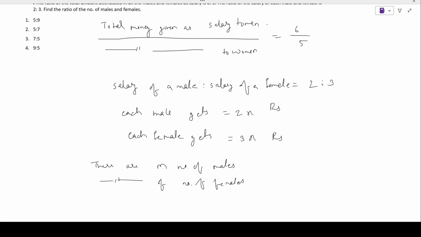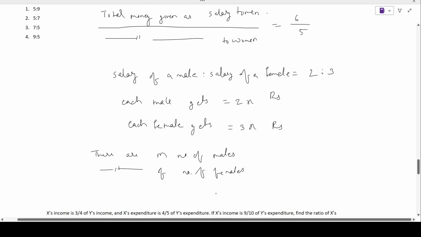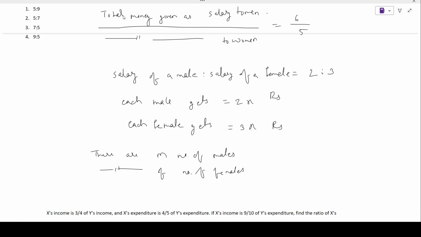So the total money that men will get is m into 2x, and the total money that the women will get is f into 3x.